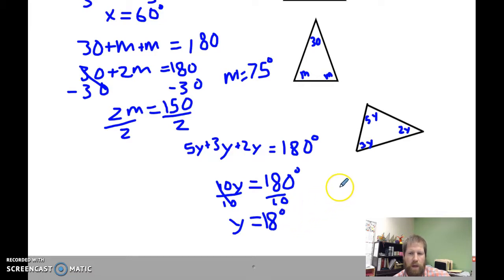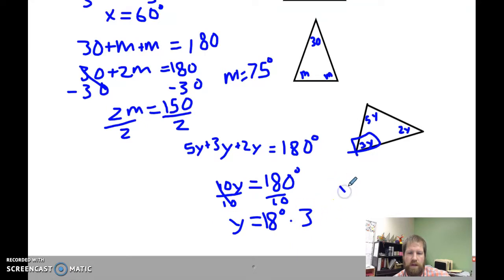Now, it's important to note that you're not done if the question is asking you, like, what's this angle? You know what y is, but to find this angle, you'd be looking for 3y. So you'd have to come back and multiply by 3.